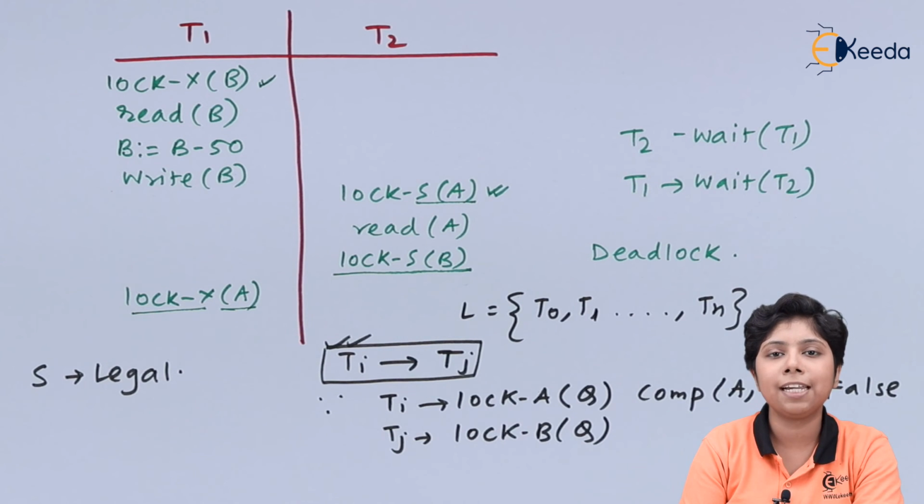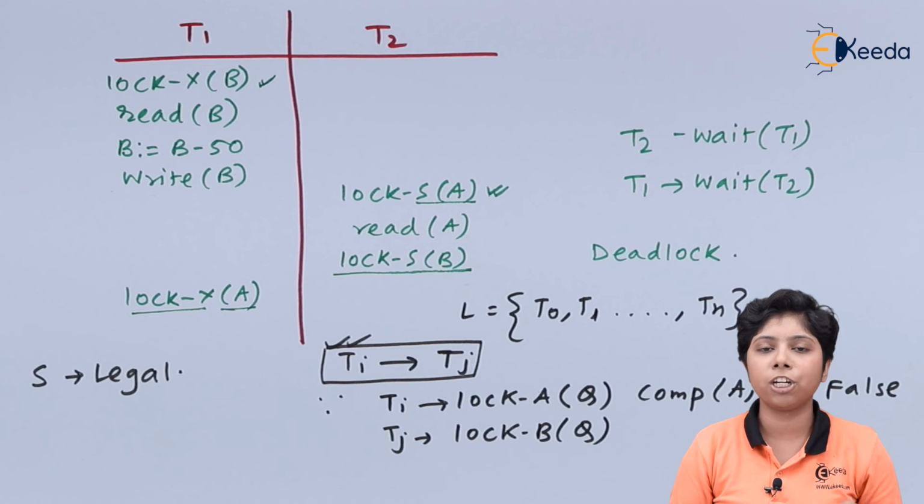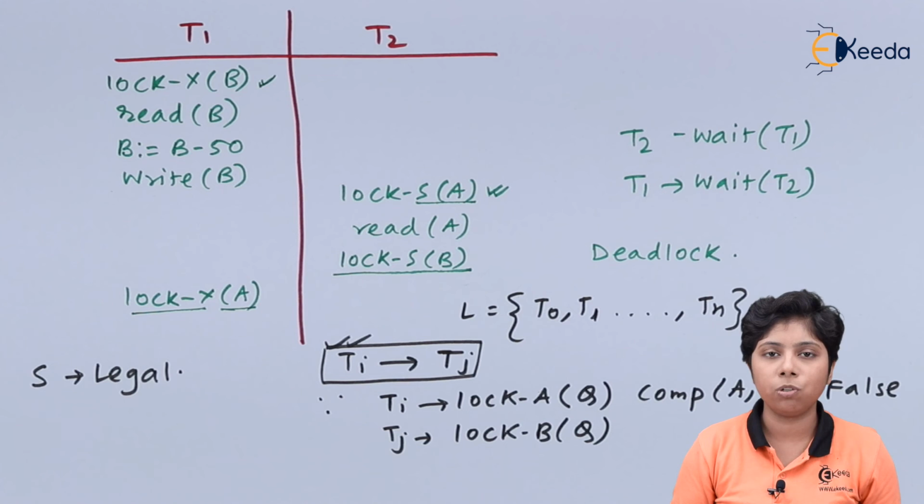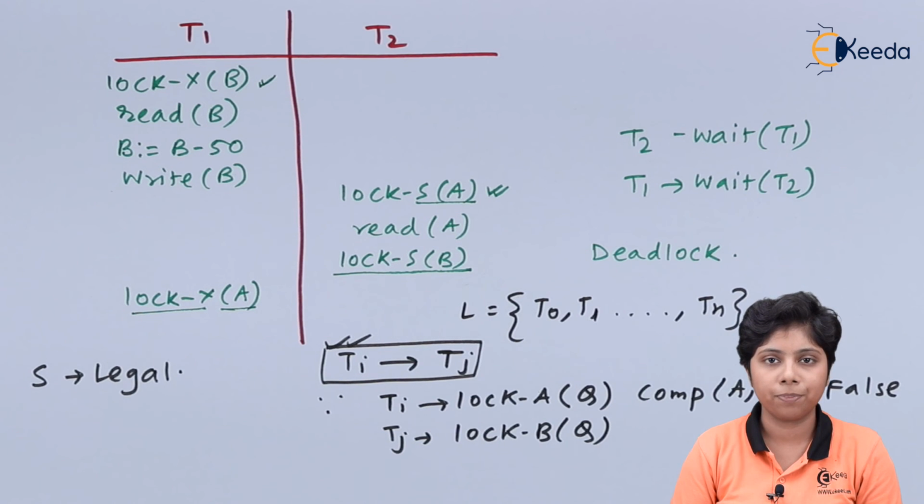Now we take legal serializable in the same way: if a serial schedule is produced from a legal schedule, then we call it a legal serializable schedule.